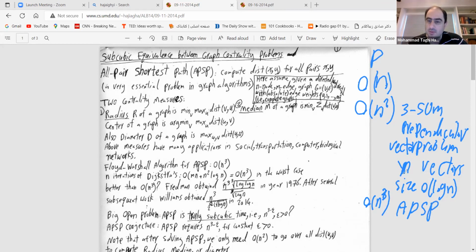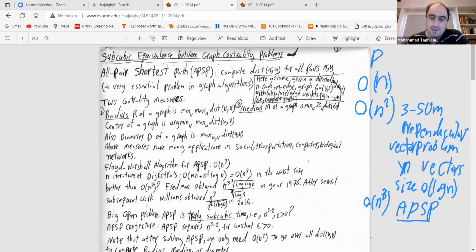For these problems we know n cube algorithms, but we don't know anything better than that. And this is again a major problem, to see whether we can find anything better than n cube for these problems. So that would be all pair shortest path and several related problems that we will discuss.